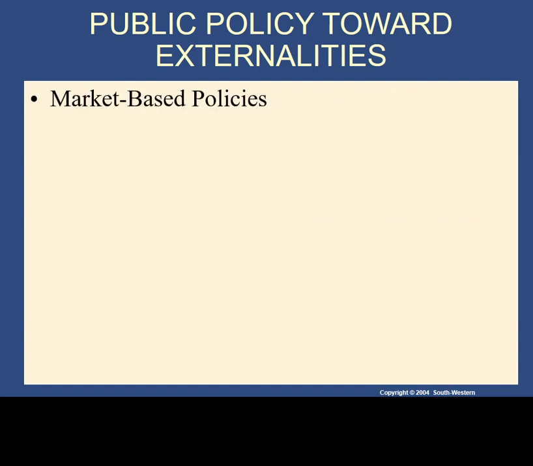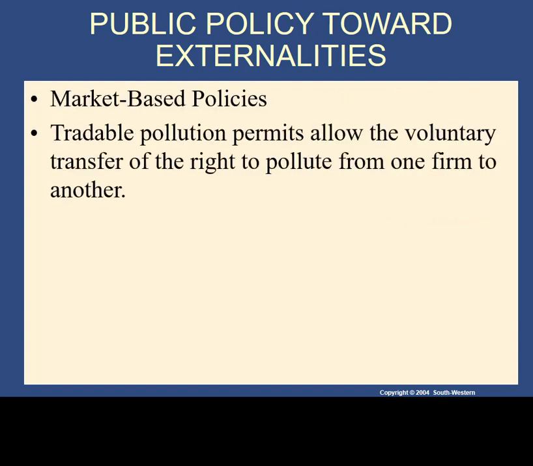So there are other market-based policy examples, some that are more flexible because they are not just a specific tax amount. And one of the most popular that's often discussed in the media is what we call tradable permits. So tradable pollution permits allow the voluntary transfer of a right to pollute from one firm to another.